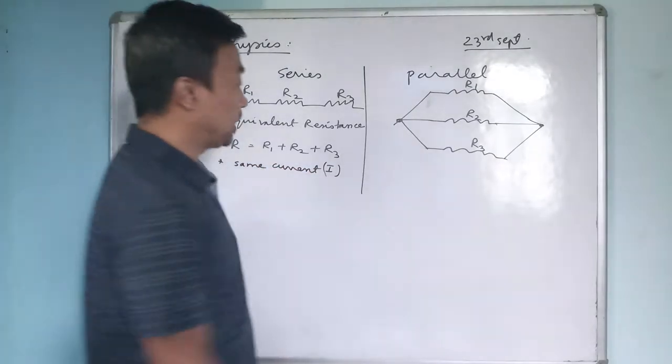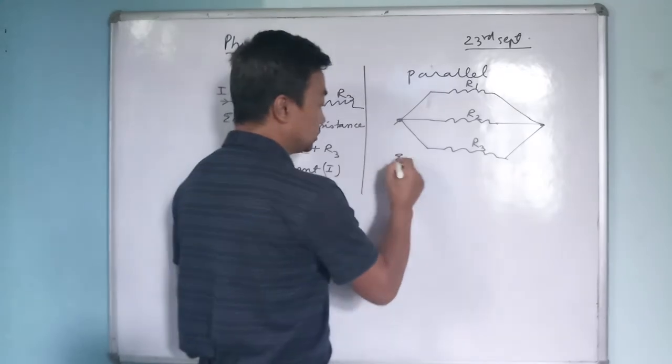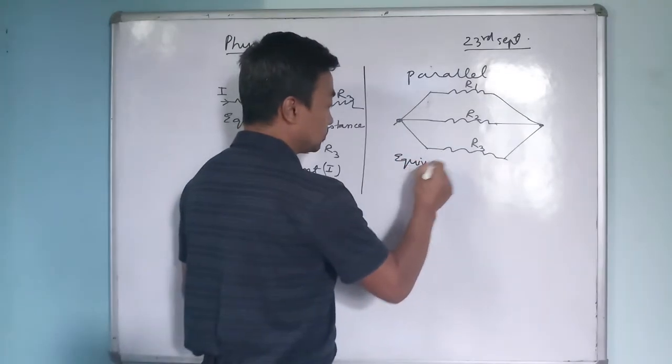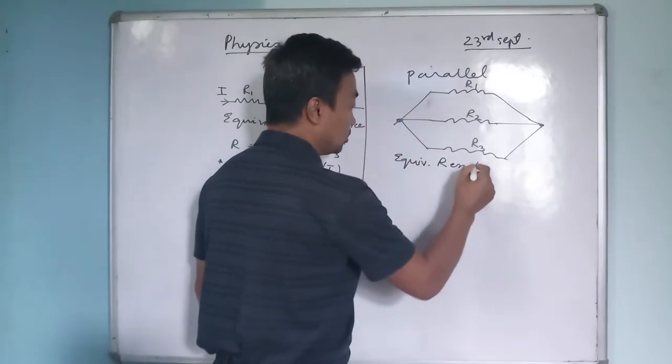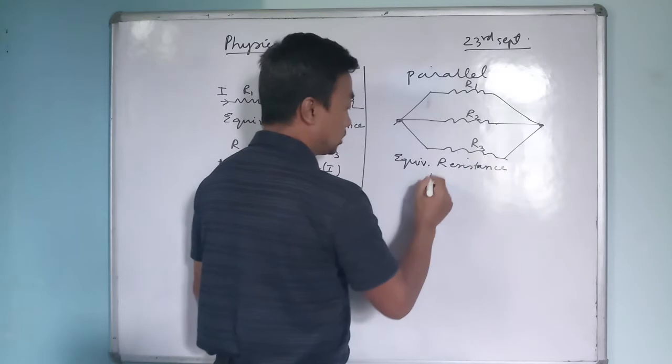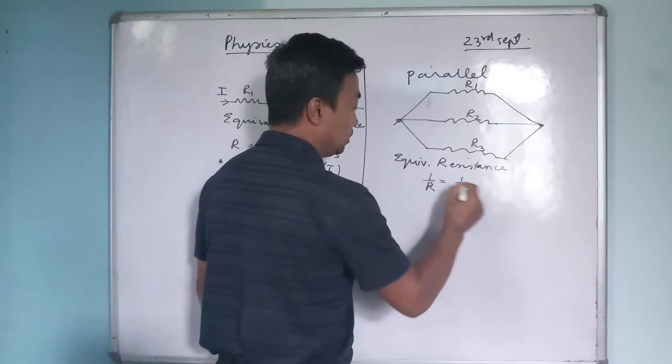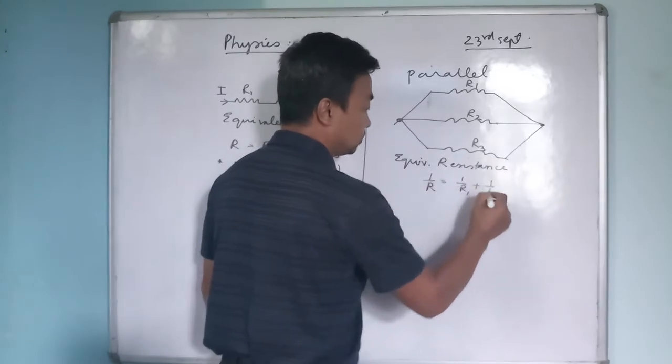and in the parallel the equivalent resistance is given as the sum of the reciprocal of the individual resistances.